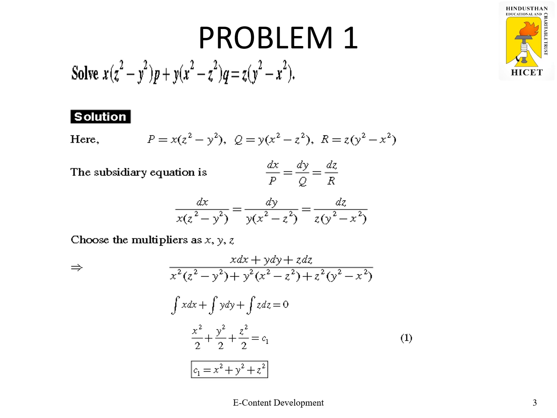Third term, z dz by z square into y square minus x square. So if we multiply both numerator and denominator by x, y, z respectively in the first, second and third ratio, the denominator becomes 0. Hence we can say that x, y, z may be a multiplier.